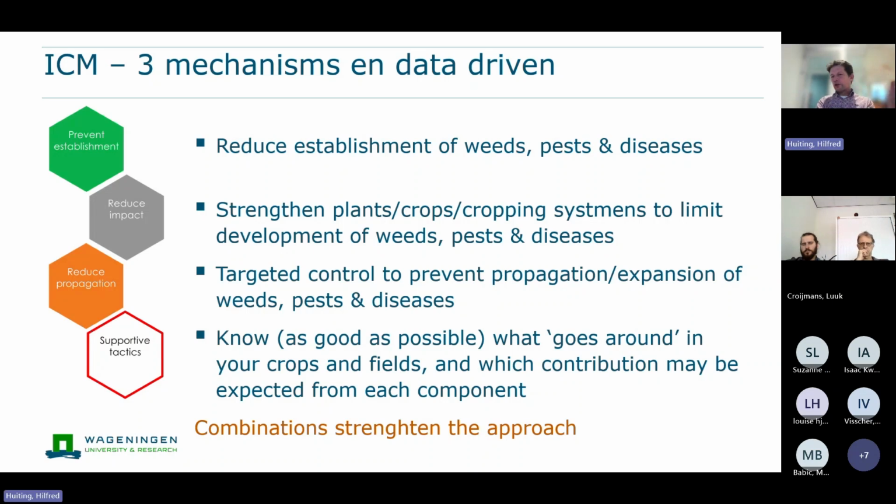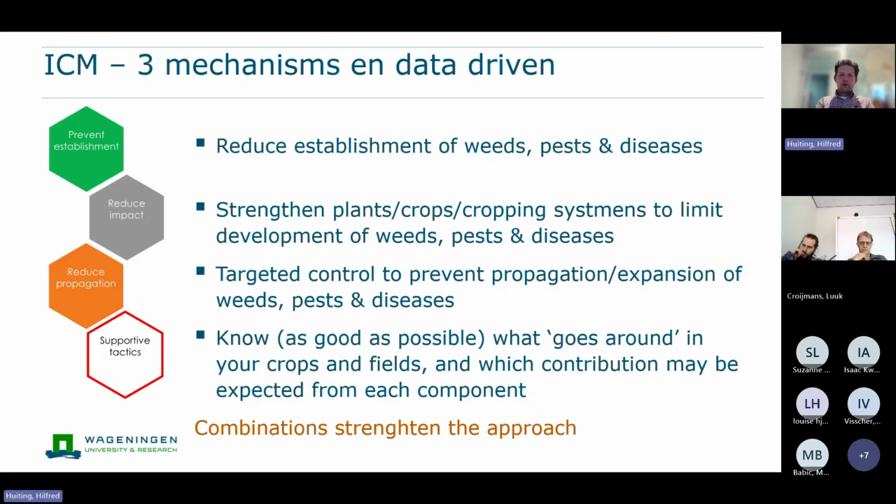And then this targeted control, so this old school using pesticides, is more of a closing part, not so much the focus of attention. But you will have to do maybe something to try to limit expansion of any weeds, pests, and diseases.